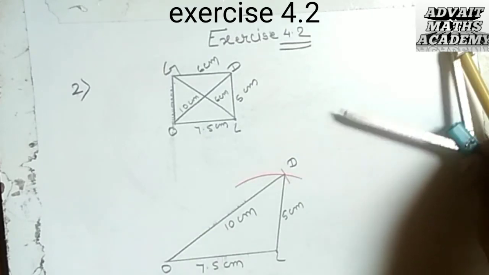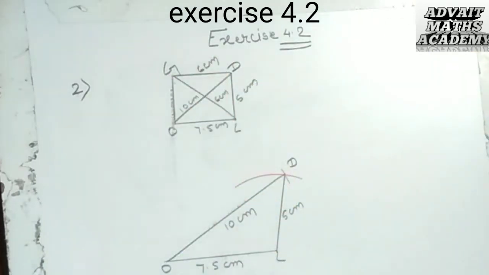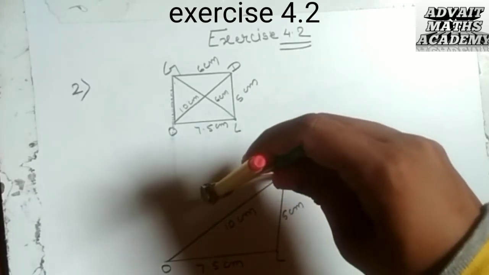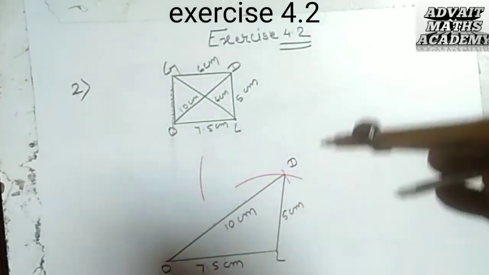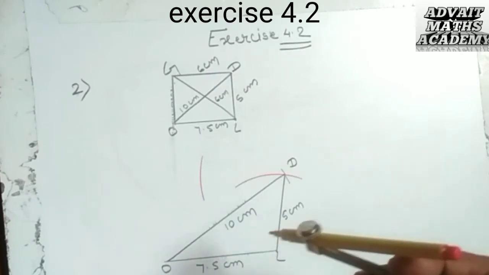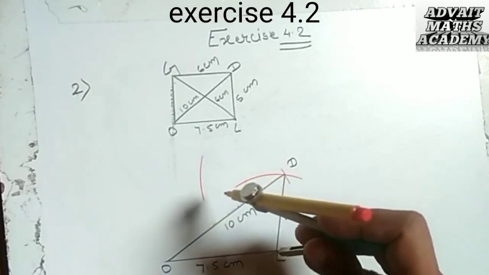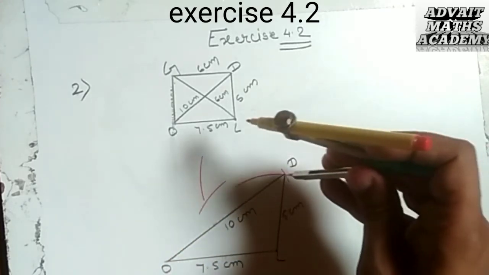Then take a distance 6 centimeter in your compass. From D, make the arc, and another distance take 6 centimeter from L, mark it.